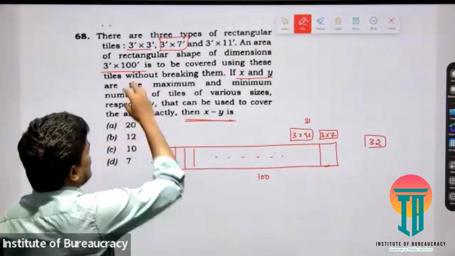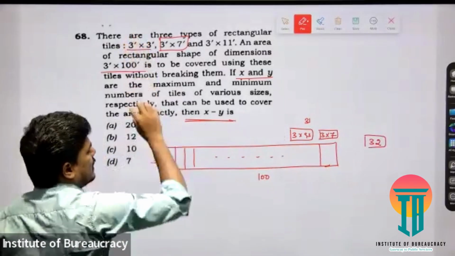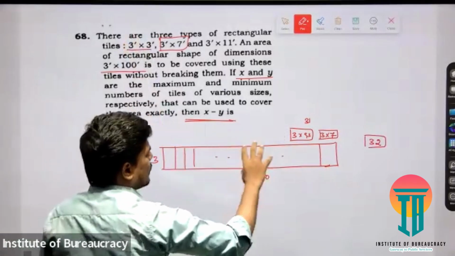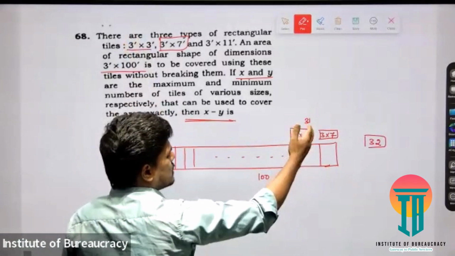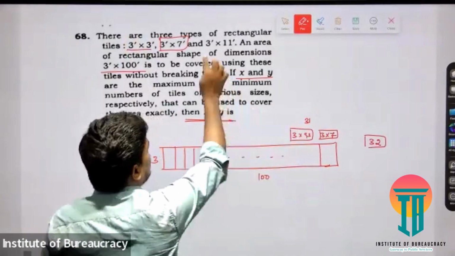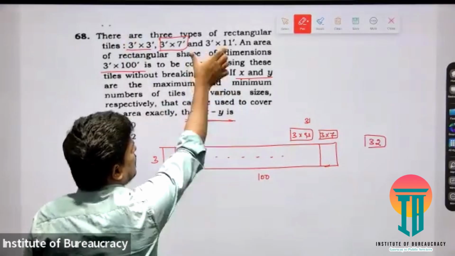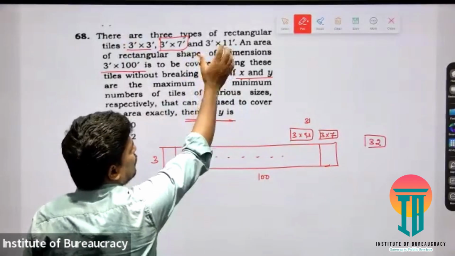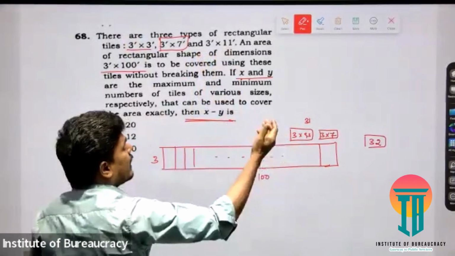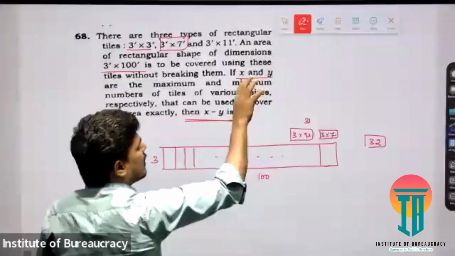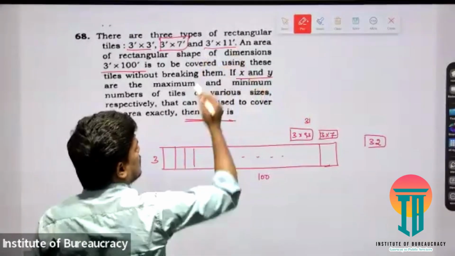Because the smallest tile, the 3 by 3 tile, I have used the maximum number of times, that is 31 times. The larger tile covers more distance, so I cannot use it to find the maximum number of tiles. When I want to find the minimum number of tiles, that time I can use it.